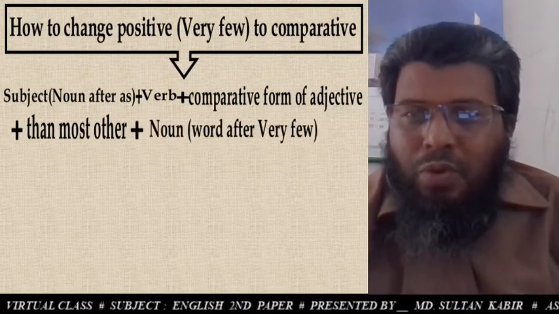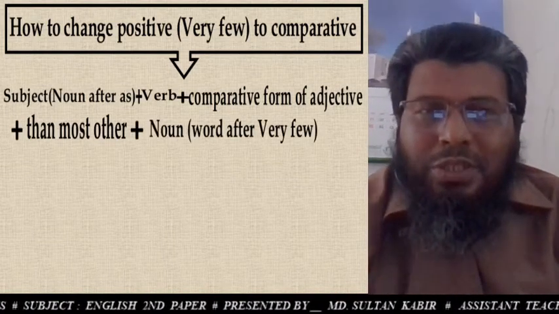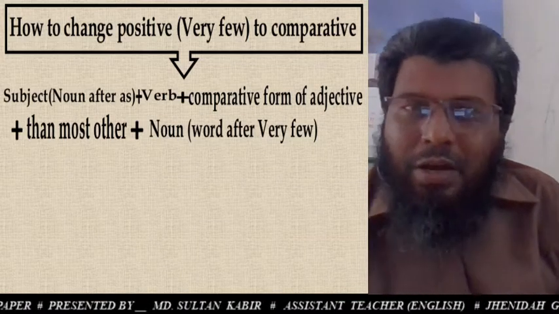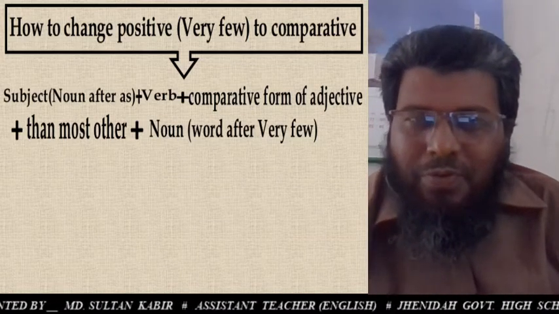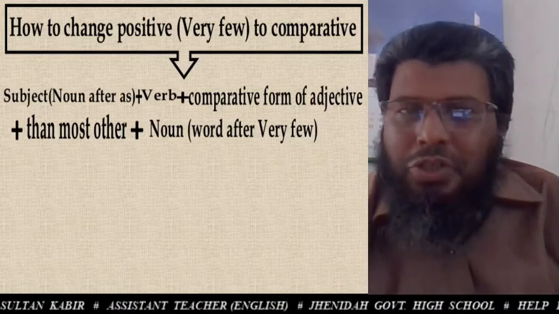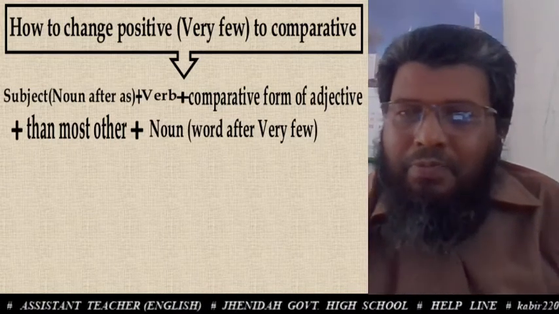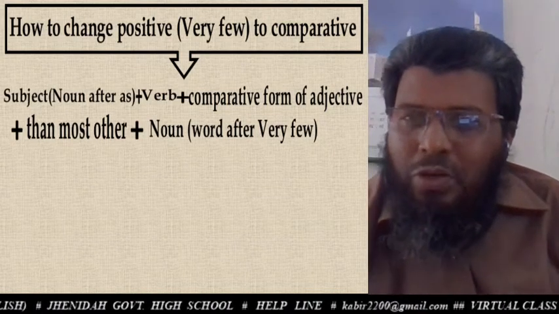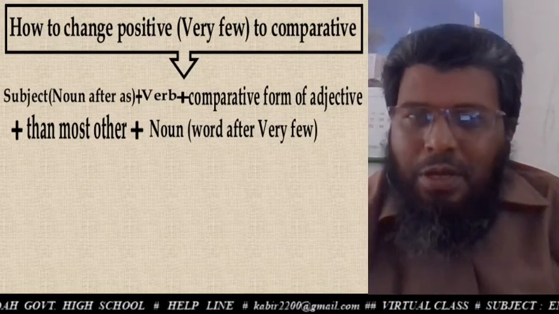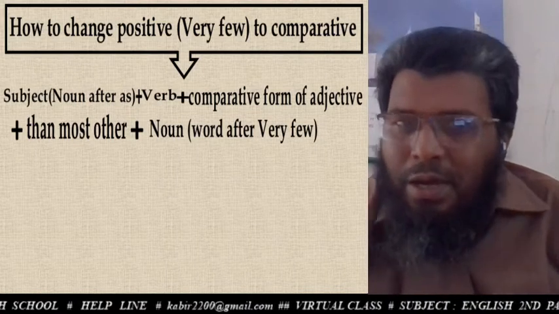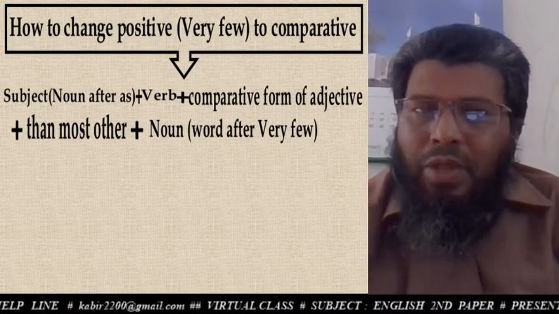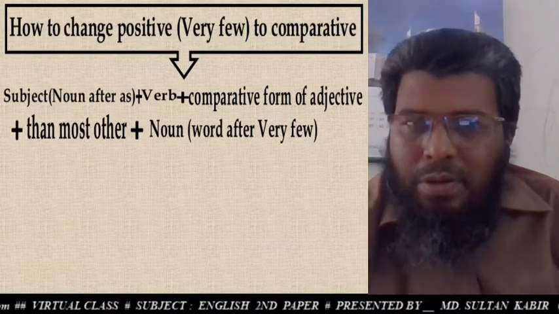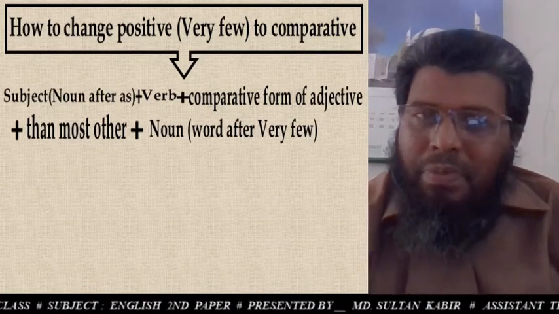So at the very beginning, we can write down the subject. Which subject? The noun after as. Fine. It's very common. Then the verb. And you should remember that the verb must follow the subject here. In positive degree the verb may be in plural form, but here the verb may be changed.